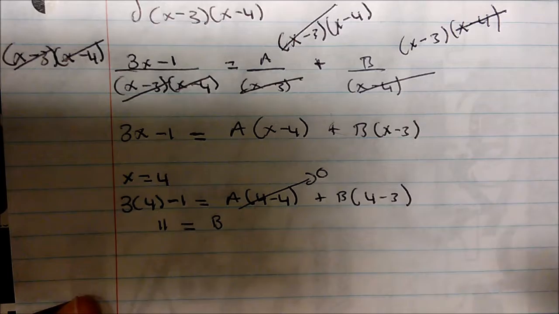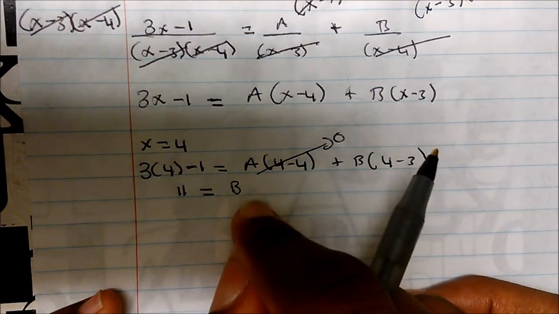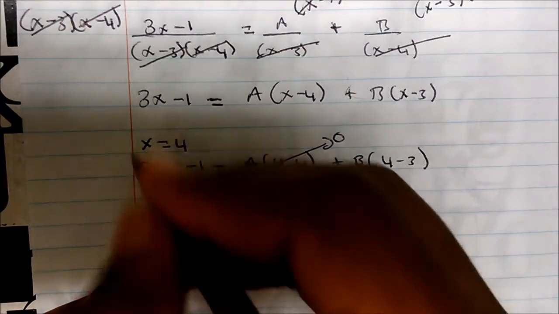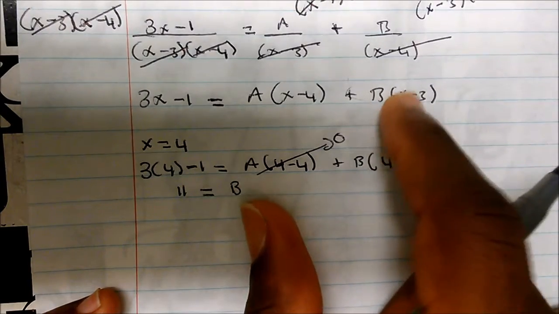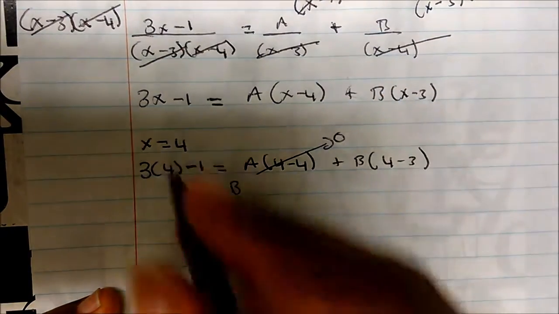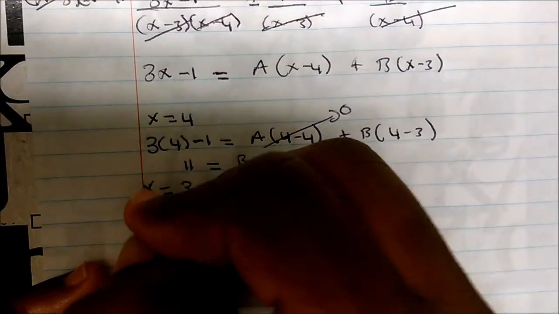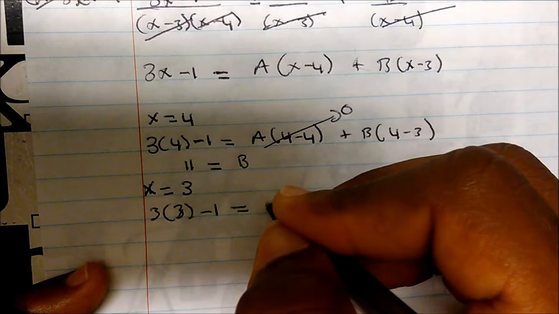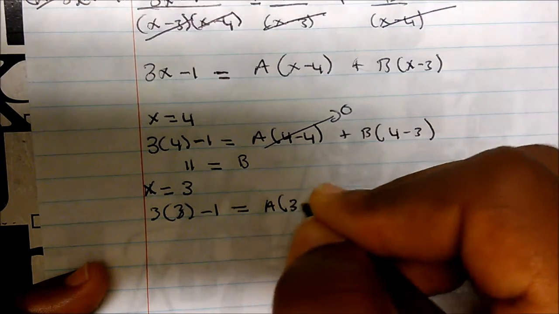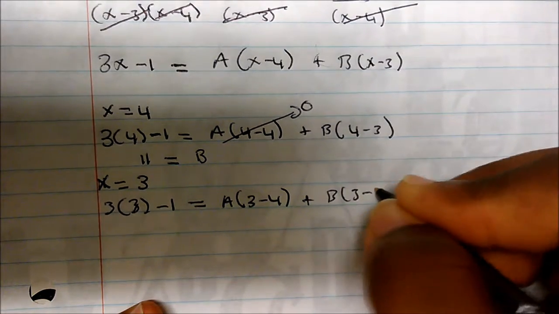That's the nice little trick about linear factors. Now I've gotten b, so how can I solve for a? Do the same thing. If x is equal to 3, plugging 3 into the equation, we have 3 times 3 minus 1 equals a times 3 minus 4 plus b times 3 minus 3.